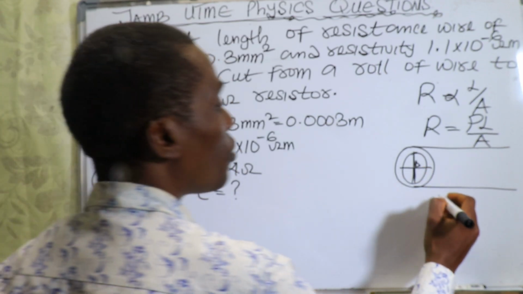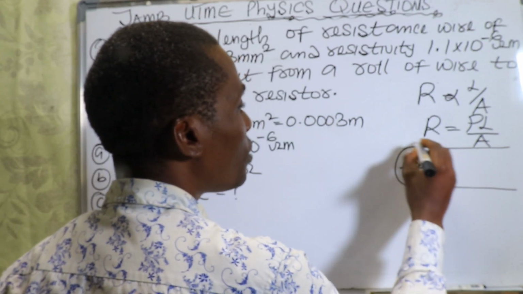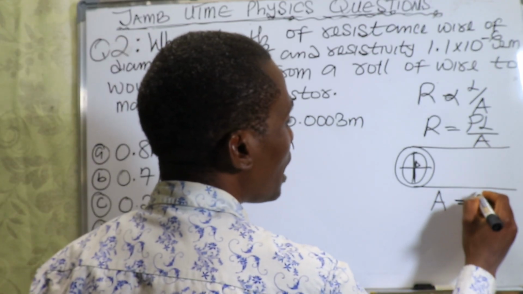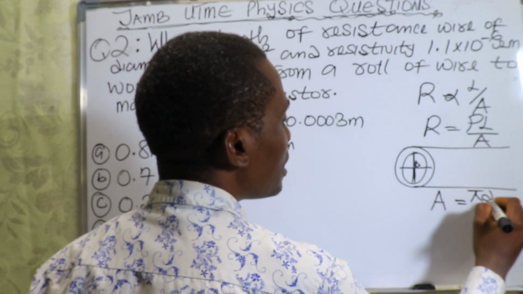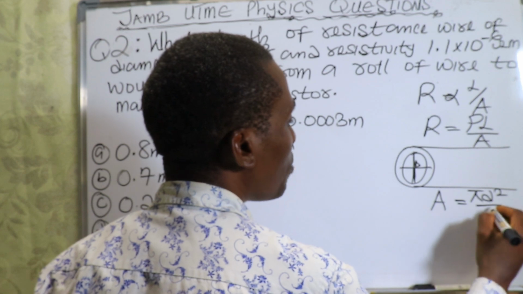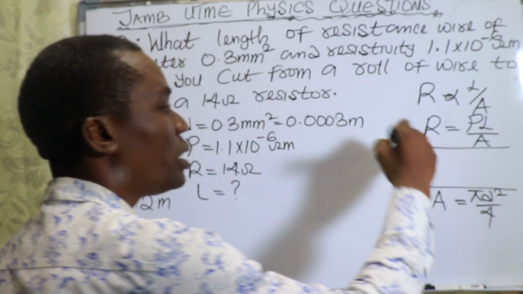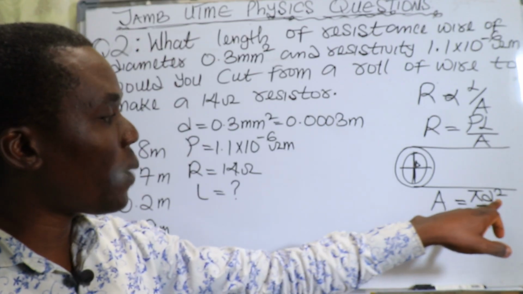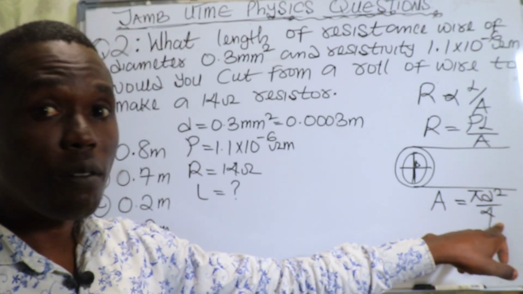So the area of this wire is like the area of a cylinder. The area of a cylinder, remember, na pi d square divided by 4, because it has to do with cross-sectional area.